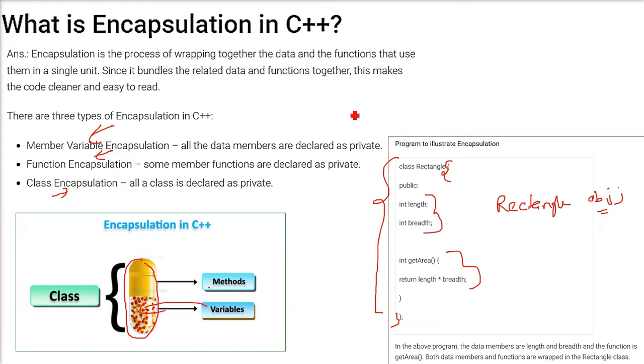Member variable encapsulation means all the data members are declared as private. This is member variable encapsulation. Function encapsulation, some member functions are declared as private, and class encapsulation means the class is itself declared as private.